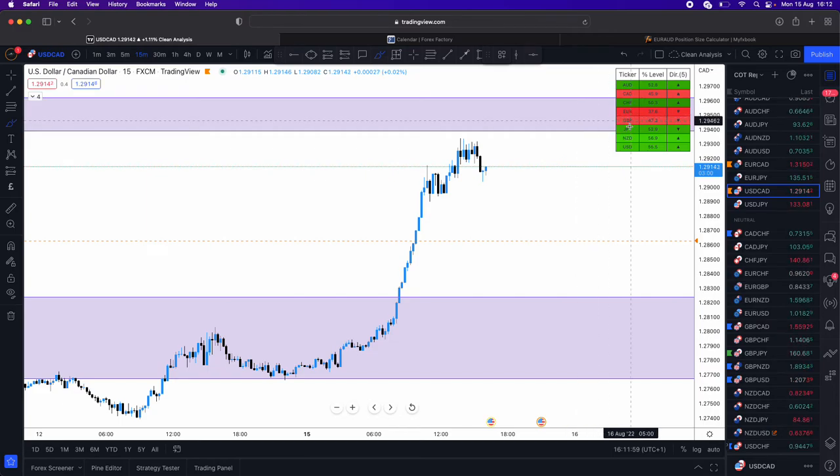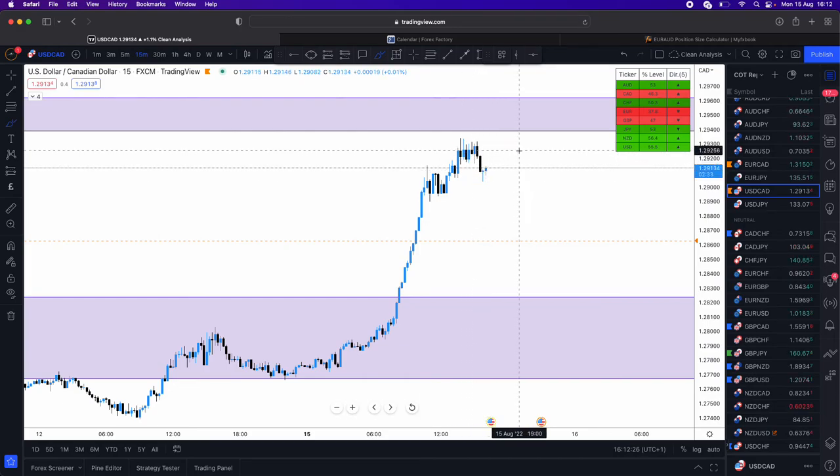So if you start hitting 70, 75, that would have been quite a really strong currency. And that's when you might start to see it changing a little bit, pulling back into a more even kind of level. And likewise, the lower end of that is going to be your 30, 25 levels. That's where you're potentially going to start to see them struggling to get lower, start to recover a little bit, is what I'm trying to say.